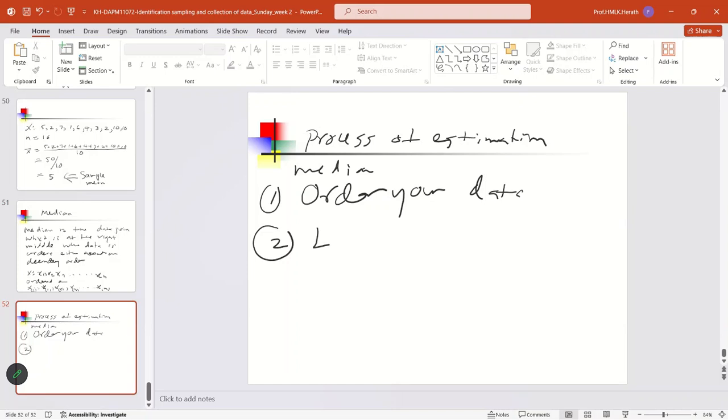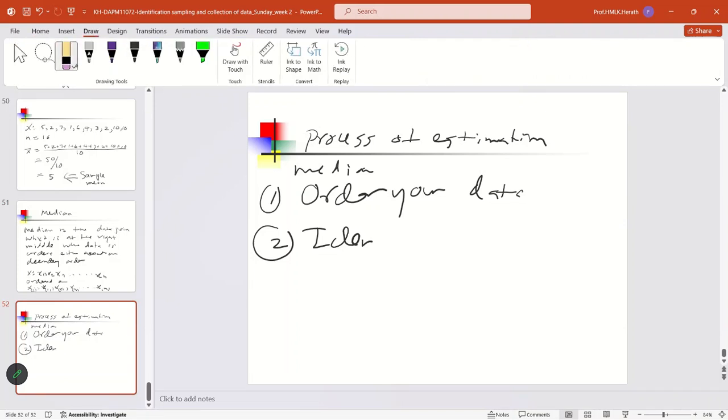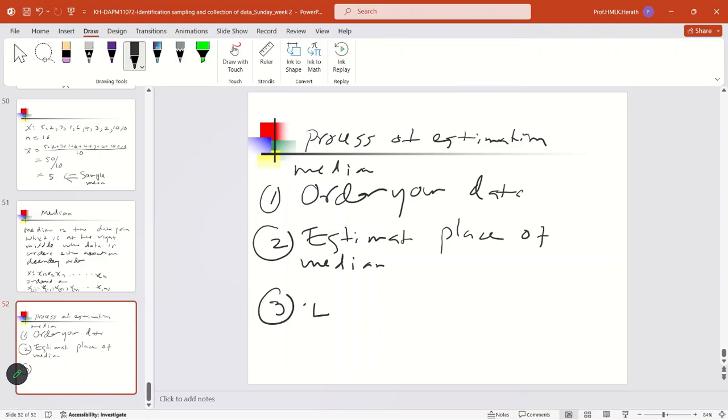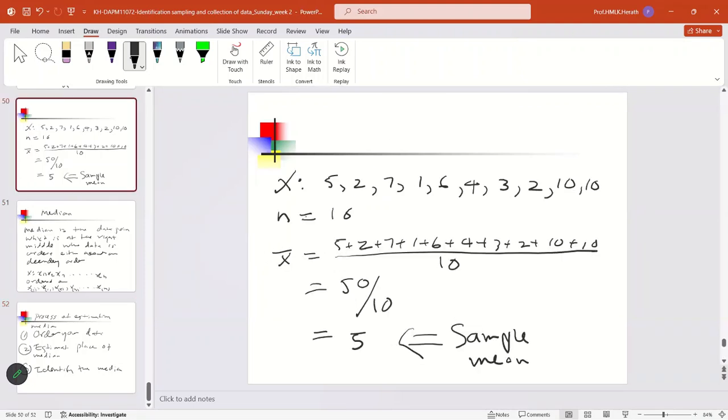Second, identify the place of the median. Third, identify the median. So these are the three steps of estimating the median of your data.